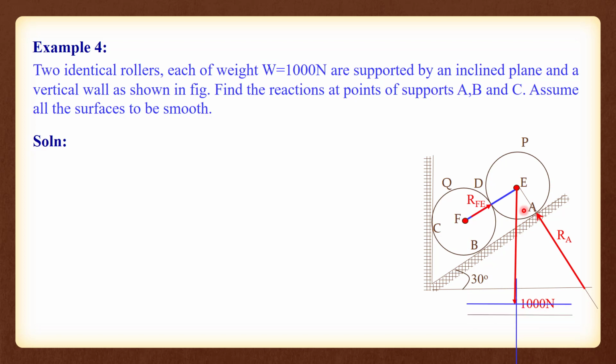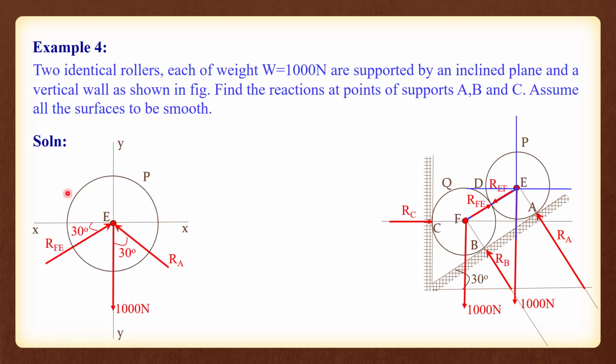Now, in order to draw the free body diagram, we'll try to consider two axes passing through the point E. Here you can see that RFE is lying in the third quadrant and RA is lying in the fourth quadrant. So we will draw the free body diagram. This shows the free body diagram of P. How many forces?